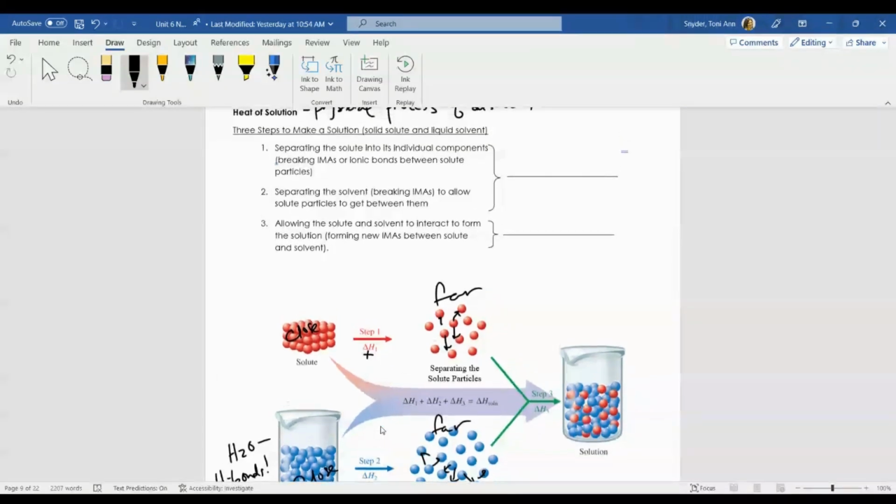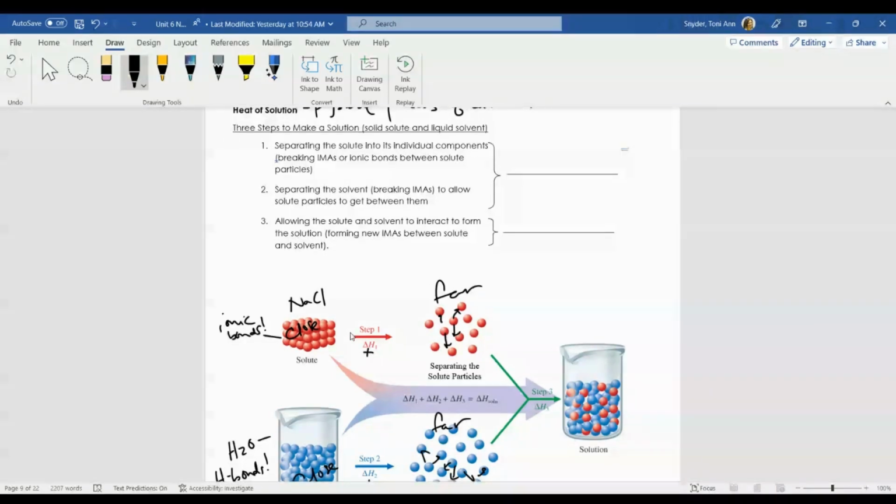So the first 2 steps in making a solution, we have to separate the solute into its individual components. And a lot of times to do that, I have to break ionic bonds. If this is, for example, NaCl, there's an ionic bond that's holding sodium chloride together. So I have to break that ionic bond.